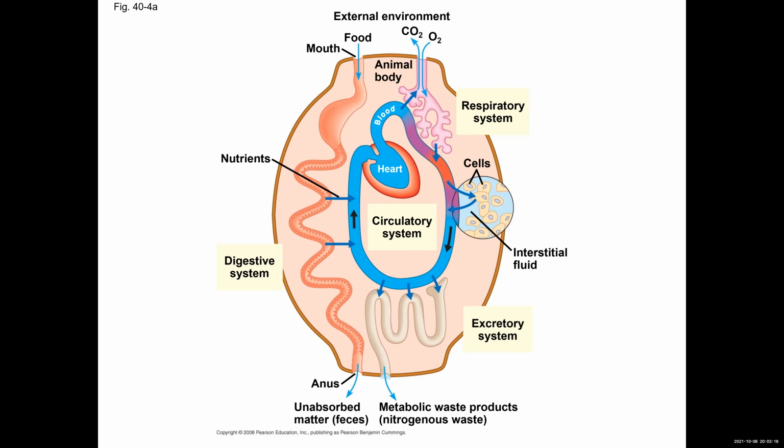Right, so as we're absorbing molecules from the digested food in our gut, those molecules actually have to go across the cell membrane. Those epithelial cells that are lining the inside of the digestive tract are going to have lots of transport proteins that are going to be moving those food molecules. They're going to go from the gut into the circulatory system.